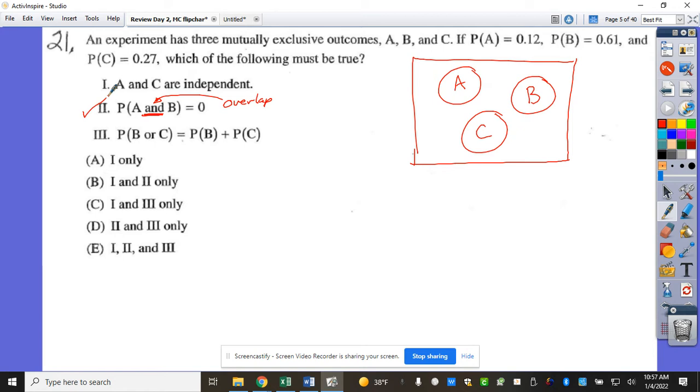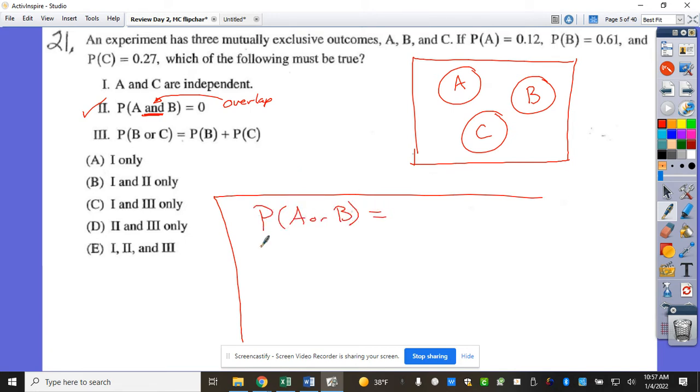Usually we deal with and when we're dealing with independent, dependent. Usually we deal with or when we're dealing with mutually exclusive, not mutually exclusive. You don't need to write this, but just a reminder.